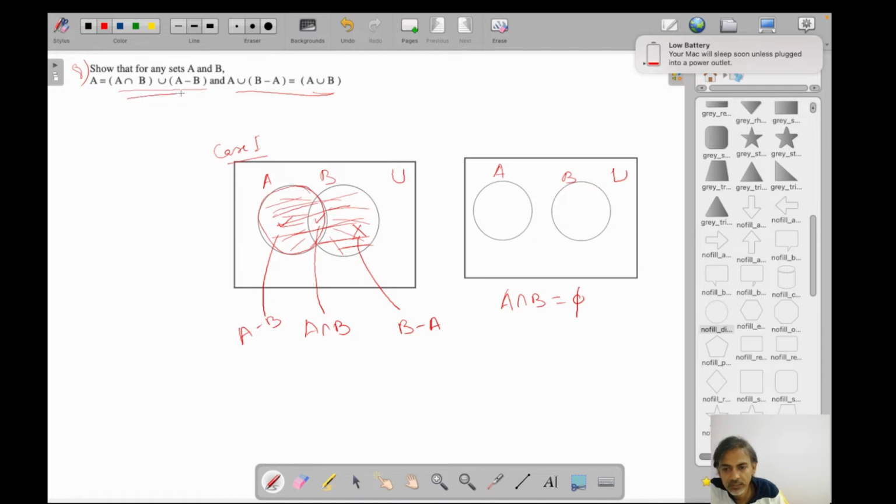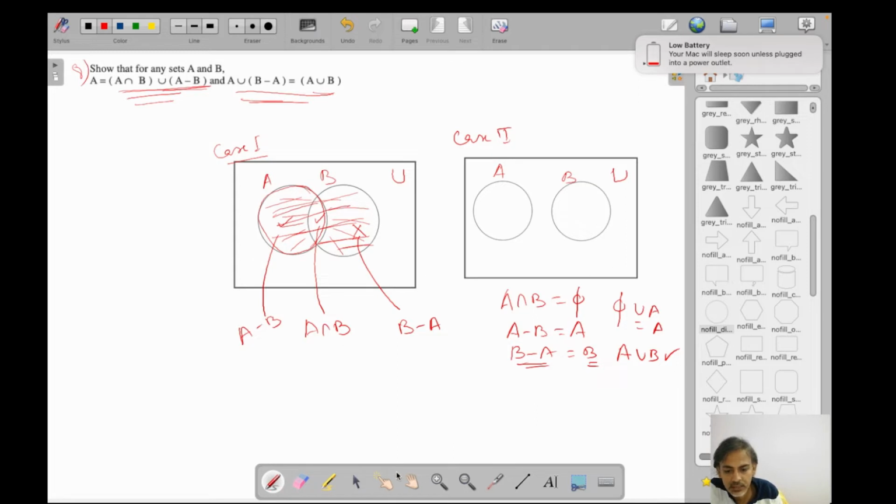A minus B will be nothing but A itself, because there is nothing common between A and B. Similarly, B minus A will be nothing but B. So A intersection B union A minus B will be phi union A, which is nothing but A. Similarly, A union B minus A is nothing but A union B itself, because B minus A equals B. So this is case 2, when there is nothing in common.